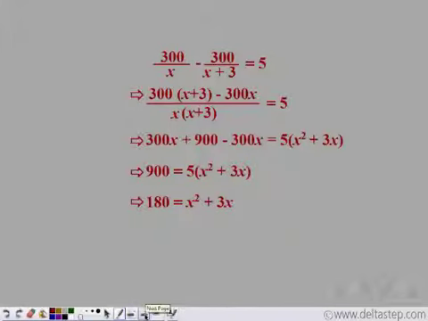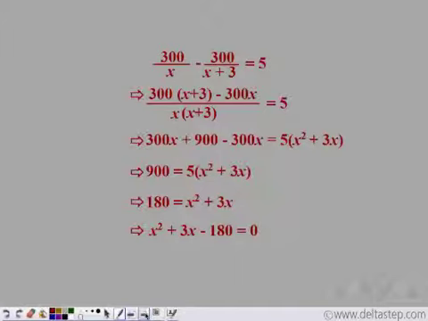So this is what we get. So we see we have an x square term, we have a 3x term, and we have a constant term on the left hand side. So now let us take this constant term to the other side. And this becomes x square plus 3x minus 180 equal to 0. And now we see that this is a quadratic equation.